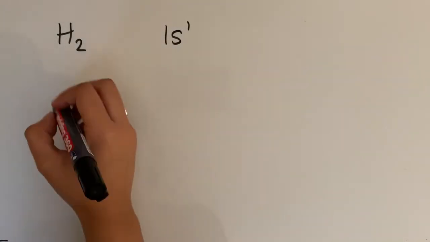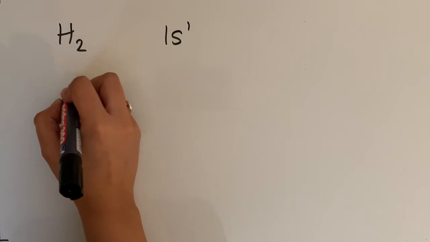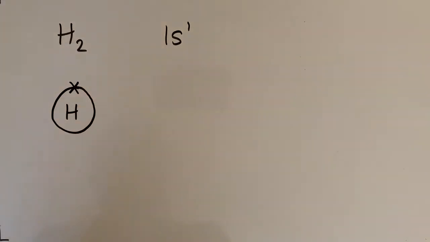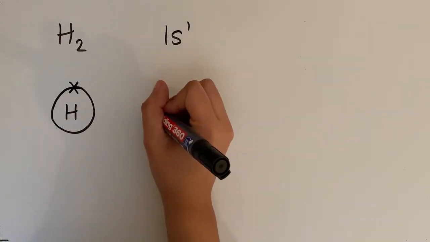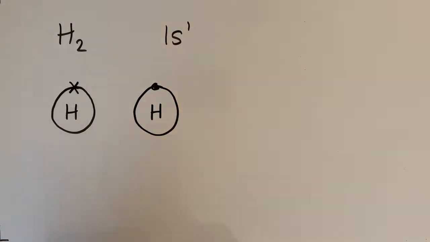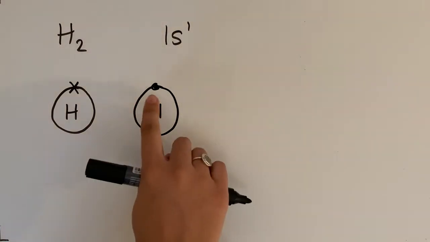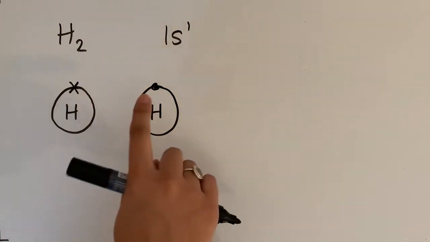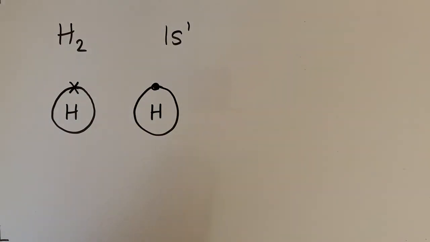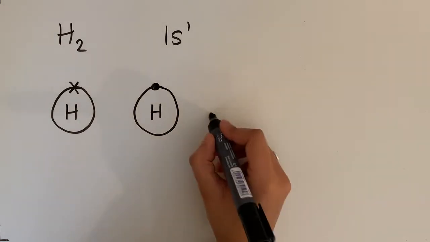For hydrogen, we just have one electron in the first shell. I'm going to show that with a cross on this hydrogen, and in the other hydrogen I'm going to show that with a dot. Even though we've used a different kind of notation for the electrons here, they are still exactly the same. All it does is it shows us which atom that electron was from.